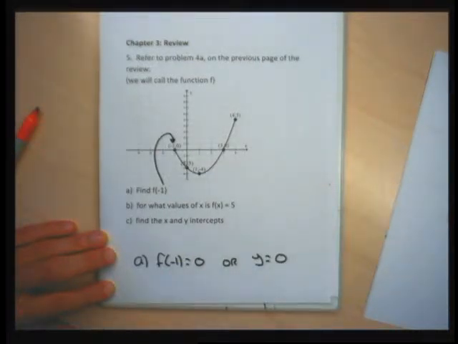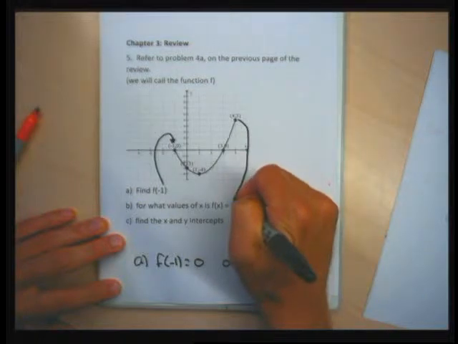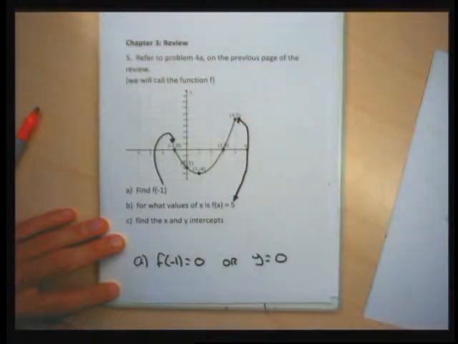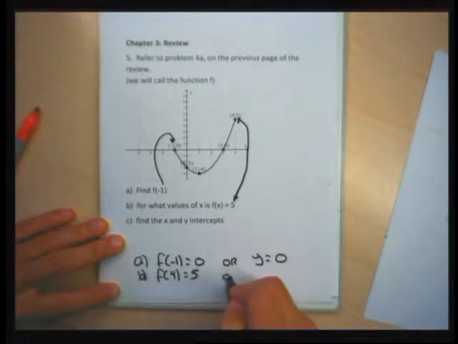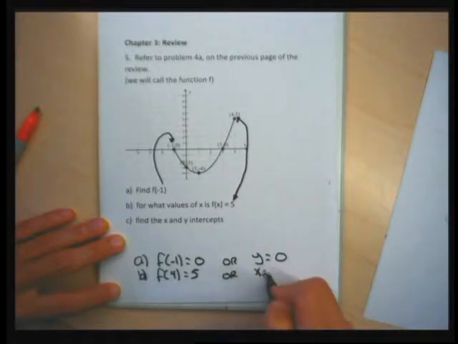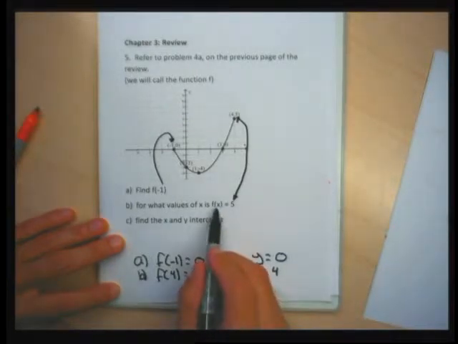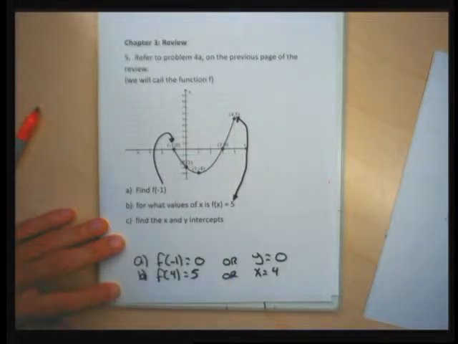For part B, because the number that's given is to the right of the equal sign, that number stands for a y value, and I'm asked to find an x value. The x value that corresponds to 5 is 4. For part B, if I want to, I can say f of 4 equals 5, or I can say x equals 4. So you could physically put the 4 in for the x, you can physically put the y to the right of the equal sign.